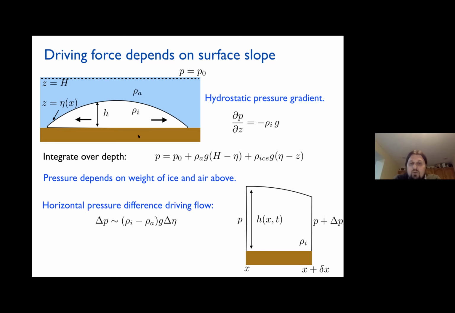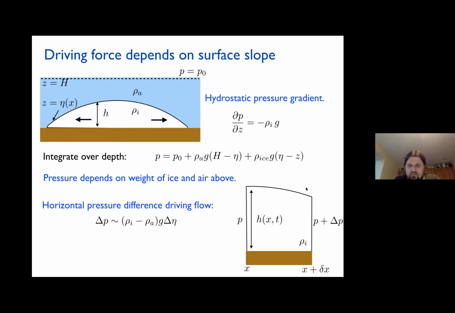So if you run through and look at the relative differences, the key part of this is you end up getting a change in the pressure. The thing that changes from one point to the other is, as you move to slightly different surface elevation, you're picking up a different fraction of air versus ice.